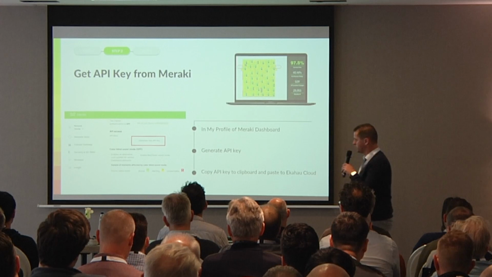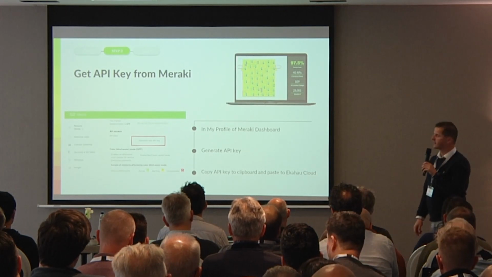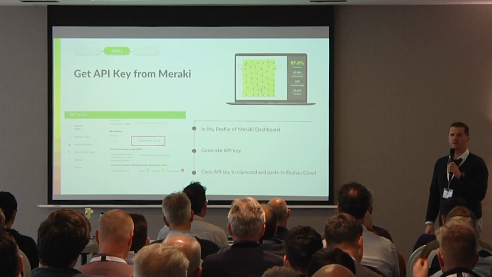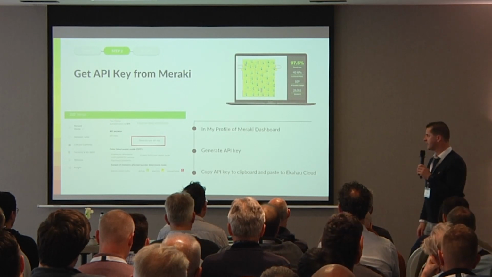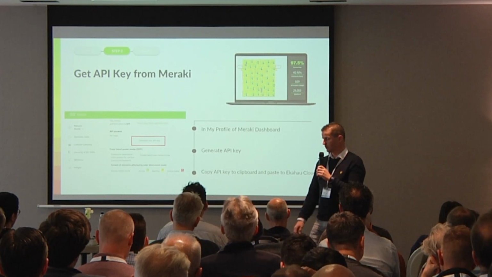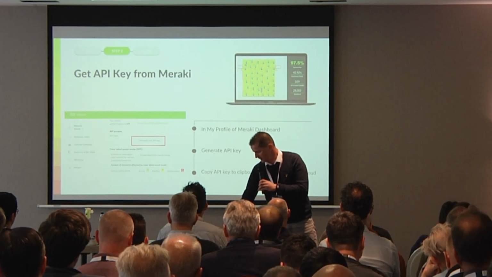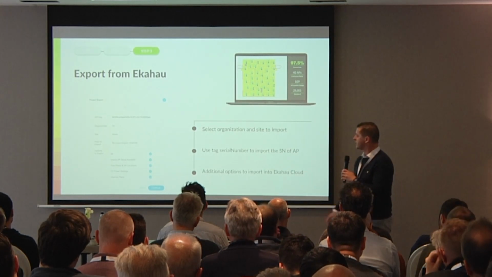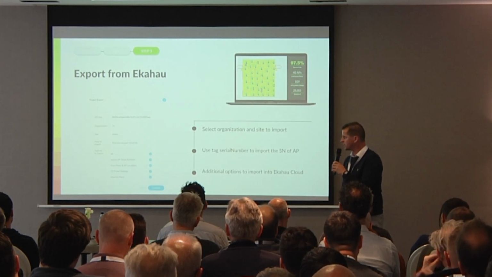The one thing you need to do from the Meraki dashboard, in the profile, is generate your API key. You generate it, copy it, and put it into Ekahau Cloud, into the project. I did that in this screenshot.